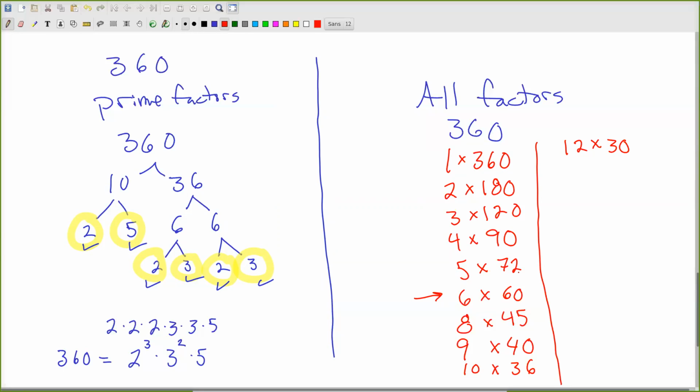So let's see, I can't do that one in my head. Oh, I can. I think it's 15 times 24, is that right? That's what I got. Oh, good, thank you.